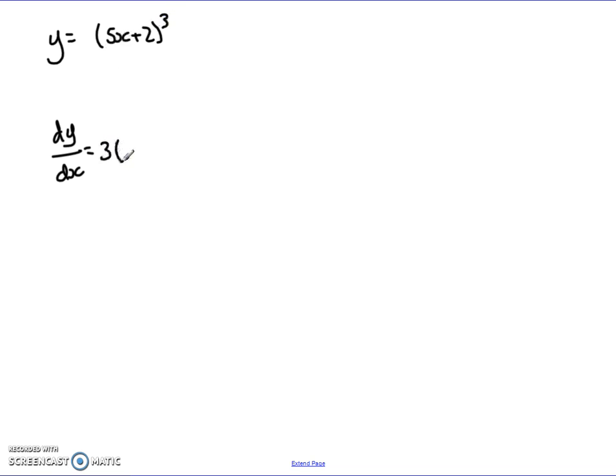So we bring the power down, keep the bracket the exact same, 5x plus 2, reduce the power by 1, so that becomes a 2, and we times the whole thing by a. Remember, a is the coefficient of the x part. So there is your a there, so we times it by 5. And then it's a case of simplifying. So we get 15 bracket 5x plus 2 squared.